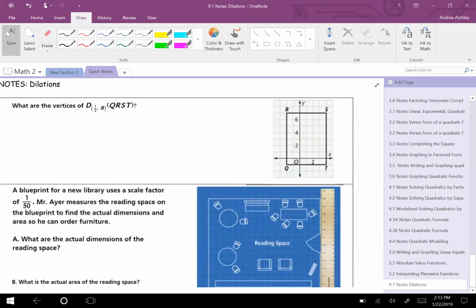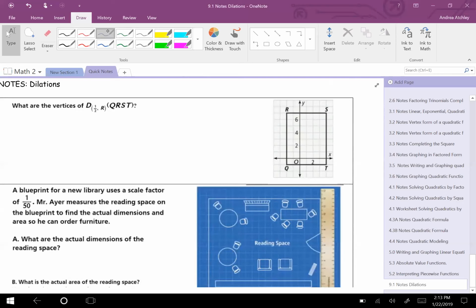Okay, what are the vertices of a dilation by 1/2 with a center of R of QRST? So we want to dilate this by 1/2. Okay, so is our shape going to get bigger or smaller? Smaller. I'm going to cut it in half basically.